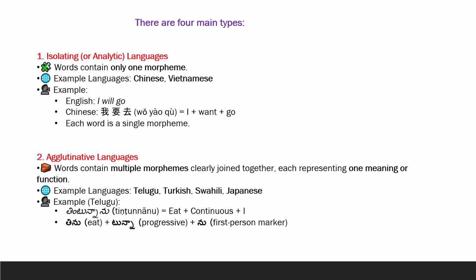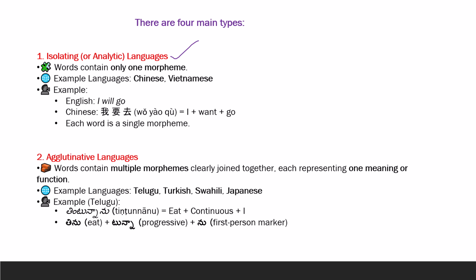Next, there are 4 main types. The first one is isolating or analytic languages. In isolating languages like Chinese or Vietnamese, each word contains only one morpheme.